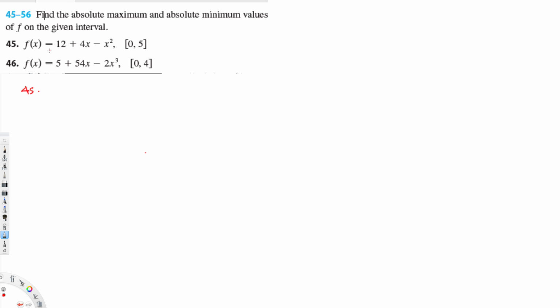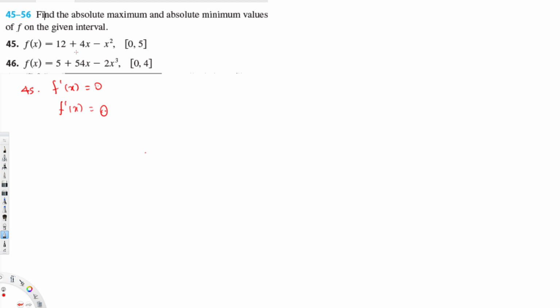To find the critical numbers, I have to set the derivative equal to 0. So f prime x is equal to 0. When f prime is 0, what is the x value? That's going to be the critical number. First I have to find the derivative of this function. The derivative of the constant is 0, because the derivative of any number is 0.